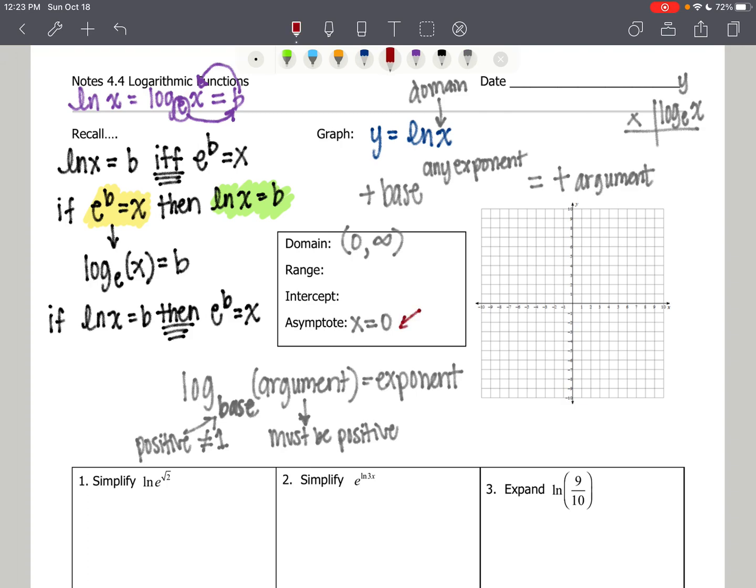And you get that by setting the argument equal to 0, and that will give you your asymptote. You get your domain by setting your argument greater than 0. So we have that vertical asymptote at x equals 0.